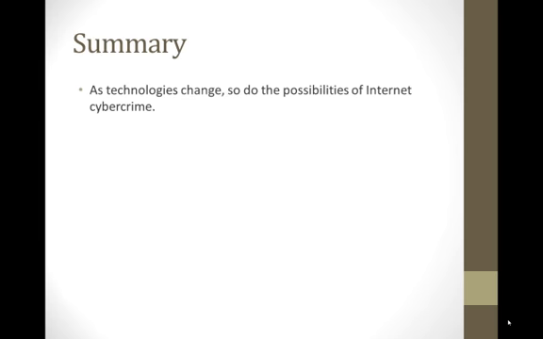All right, so to summarize, here's the big thing, okay? Technologies, especially on the internet, continually evolve. So the possibility of internet cybercrime, we've really only just started to look at the problems, okay?